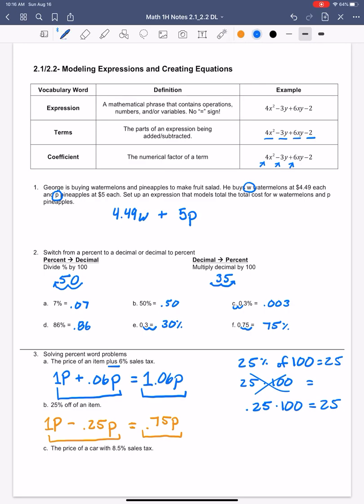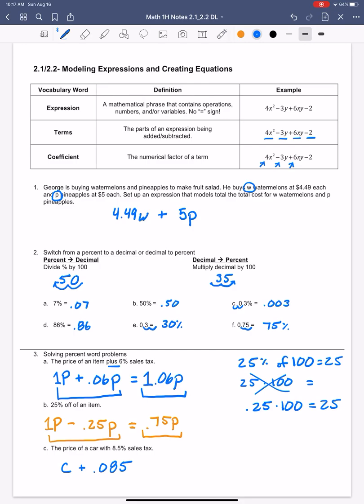It says the price of a car with 8.5% sales tax. So I'm going to say C is the price of my car, and I'm going to tack on plus 8.5% sales tax. So that's going to be 0.085. Notice I'm converting that percentage to a decimal. And it's not just plus 8 cents, right?